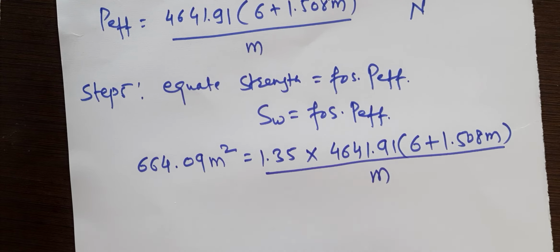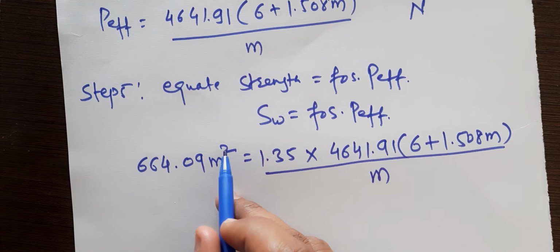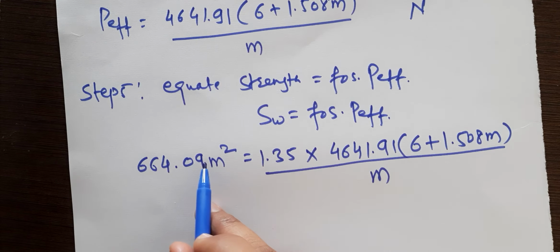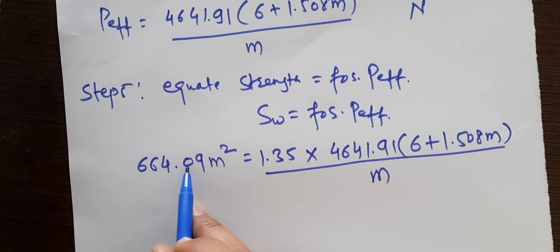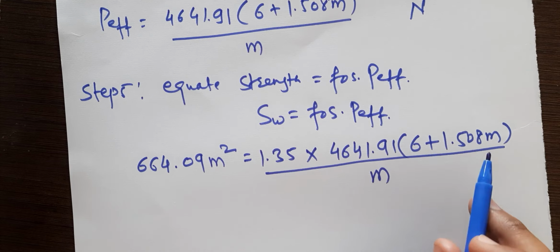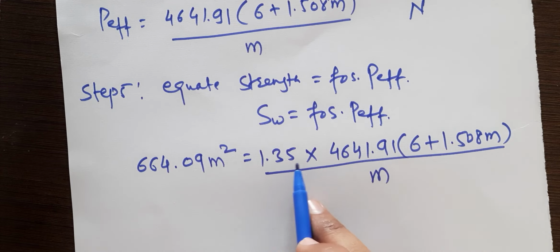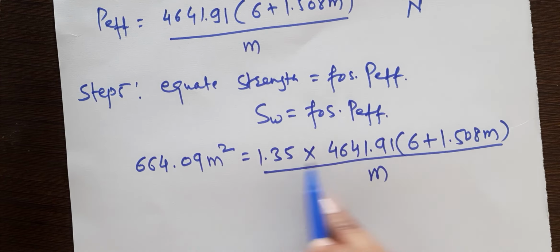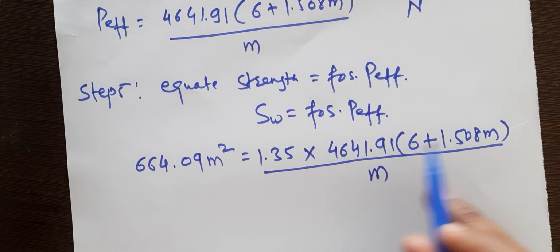Now you can simplify this equation. This module will come here, this module square is there, so module into module square will become module cube. This 664.09 will come in denominator, and this bracket you can leave as it is, or you can open the bracket also: 1.35 into this into 6, and similarly this outer part into this one.